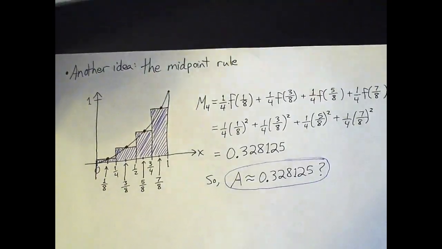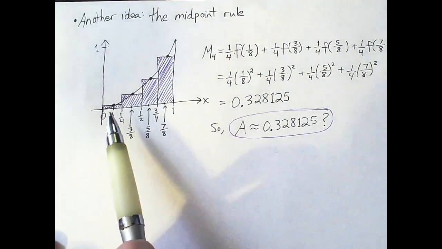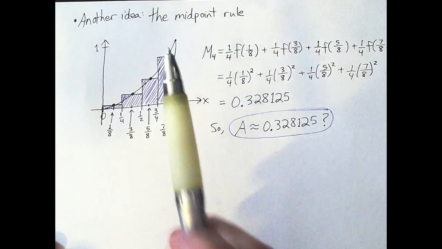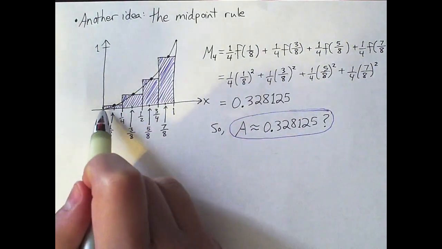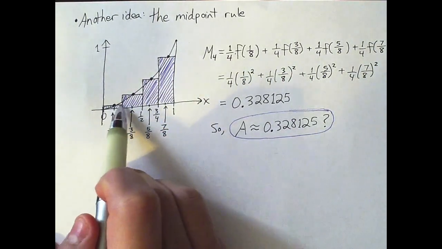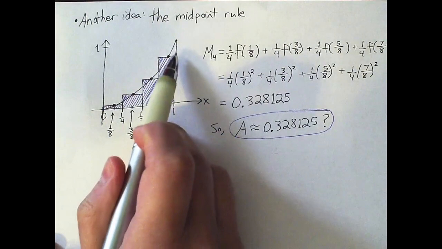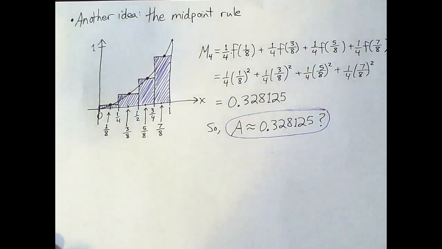We don't know exactly. But another thing that we could think about is, why have we been dividing this into 4 vertical strips? What if we did more than 4? Can you imagine if we had divided this into 8 vertical strips or 10 vertical strips? They would be small, thinner rectangles, and maybe they would line up with the curve a little bit closer. And that's true. The more rectangles we use, the better the estimate is going to be.